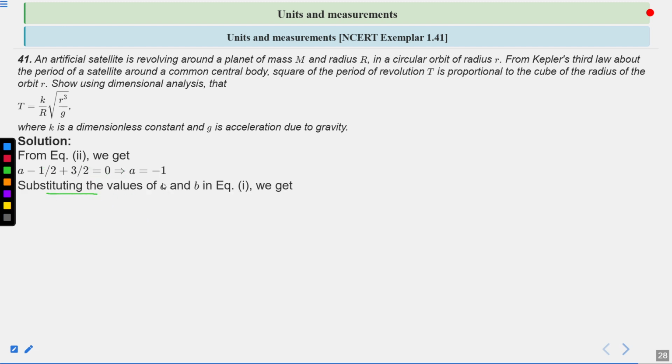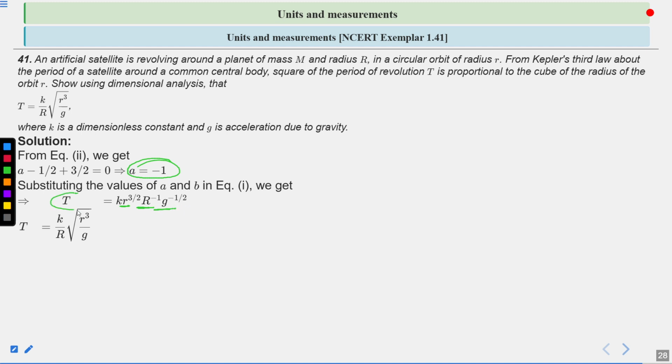Substituting the values of A and B in equation first, we get the new expression. So T is equal to, after substituting the value of A, where A is equal to minus 1, T is equal to K into R raised to the power 3 by 2, r inverse, g raised to the power 1 by 2.